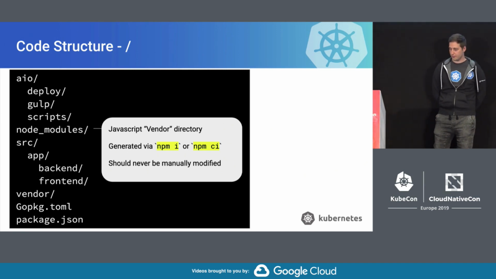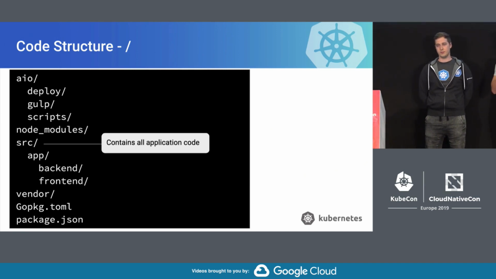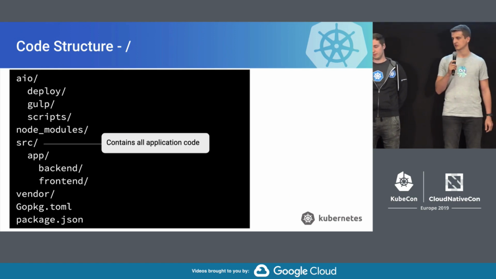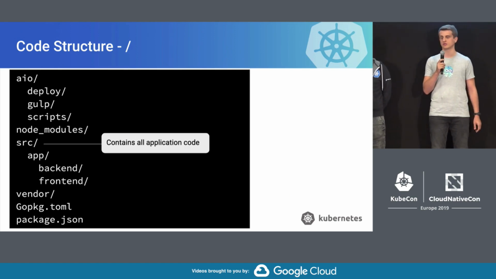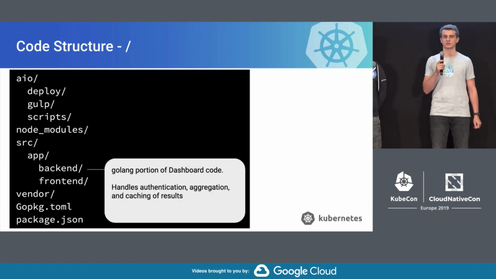The next folder is src. It contains all the sources of the application. We have decided to split it into two major folders. One of them is backend, which contains all the sources for the backend part of the application, because the dashboard has two layers.